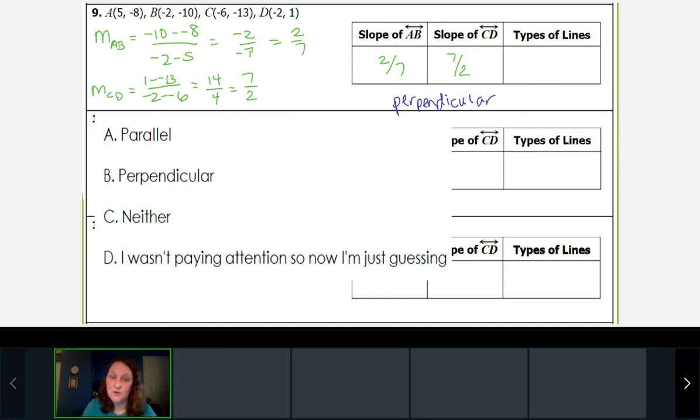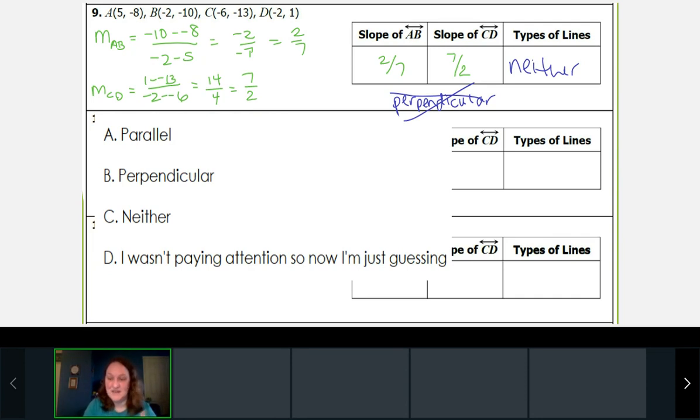So these guys have the reciprocal part, but they don't have the negative part. See how they're both positive? They're not opposites. So these are not perpendicular. They are neither.